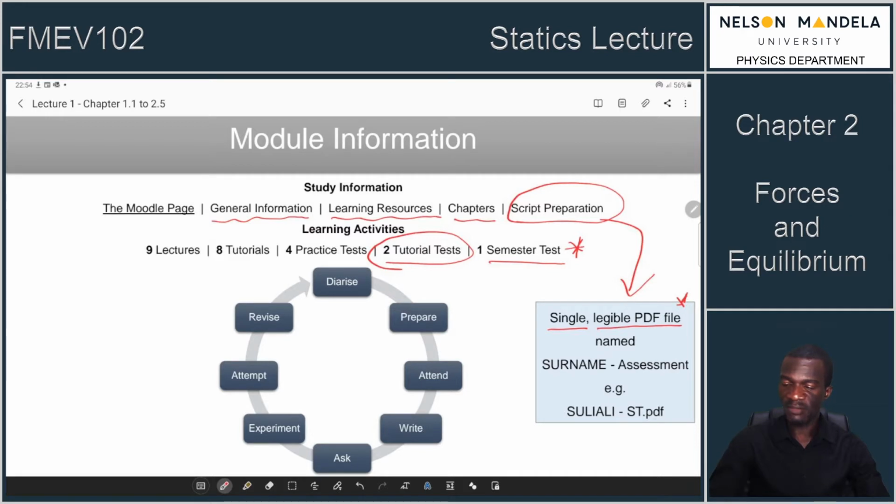Your naming convention of the file is exemplified here, so you can put your surname in caps, dash, and then semester test, just an ST for semester test. For example, here I put my name there, Suliali, dash ST for semester test. That's the full name of the semester test script.